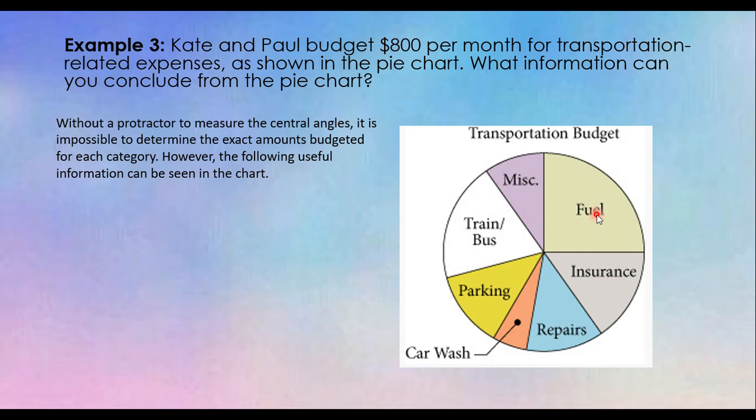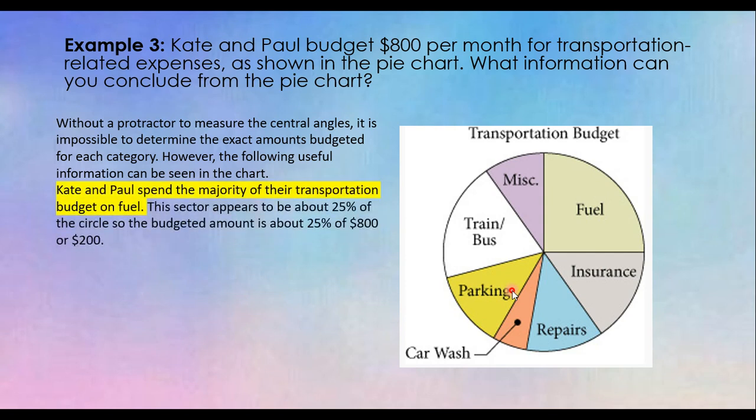But I can start to ballpark it, because I know that this looks like a quarter of my circle, right? A quarter would be approximately 25% of it. So although I won't be able to find out exactly, I can start to estimate and get a good idea of about how much money Kate and Paul are spending out of this budget for each.